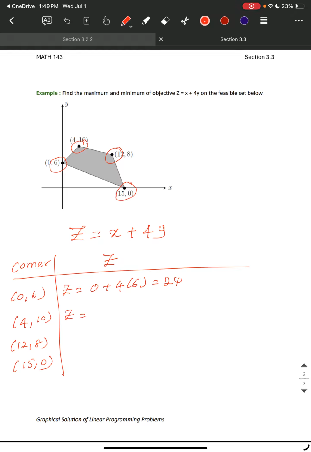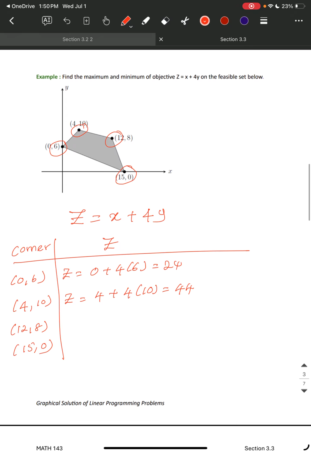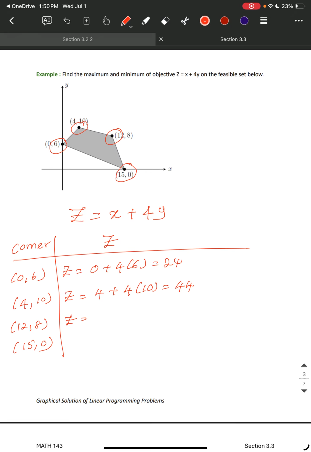z equals 4 plus 4 times 10, 44. z equals 12 plus 4 times 8, 44. And z equals 15 plus 4 times 0, 15.